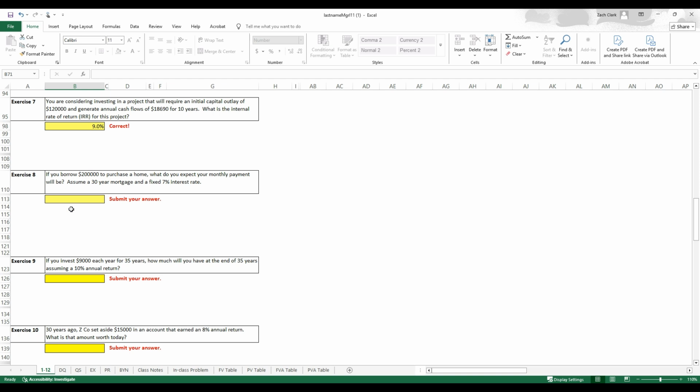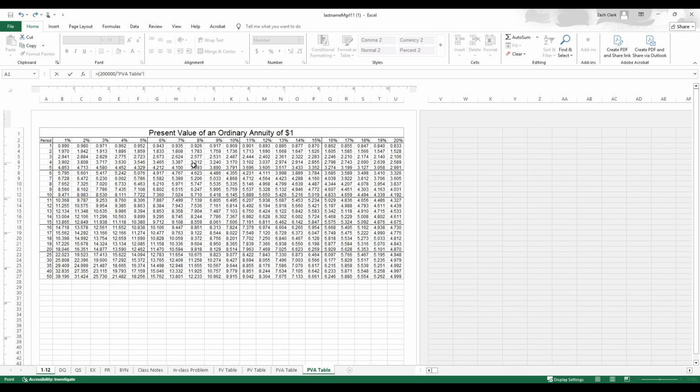It's more or less the same process, so let's just fill out this whole formula. So $200,000, and we would divide by the present value of this annuity amount that we're going to figure out, or I should say we use the table factor. We're figuring out the annuity.